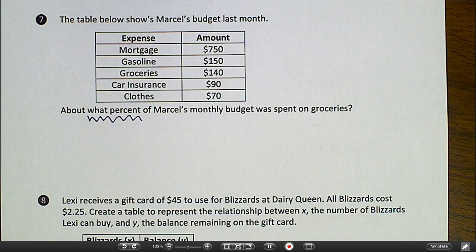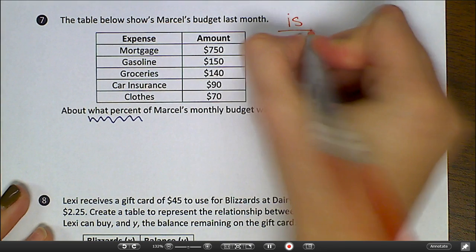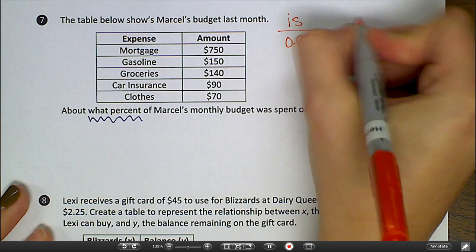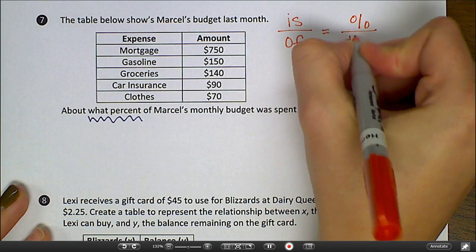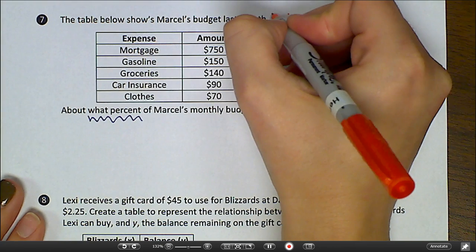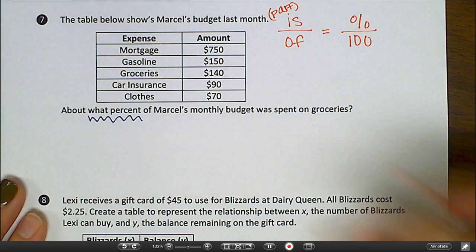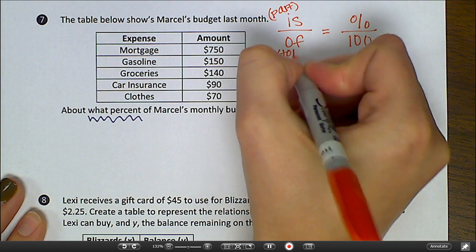Alright, so since this has a percent in it, I know that there's a good chance that I need to use the is over of equals percent over 100 formula. And remember that another word for is part, and another word for of is total.